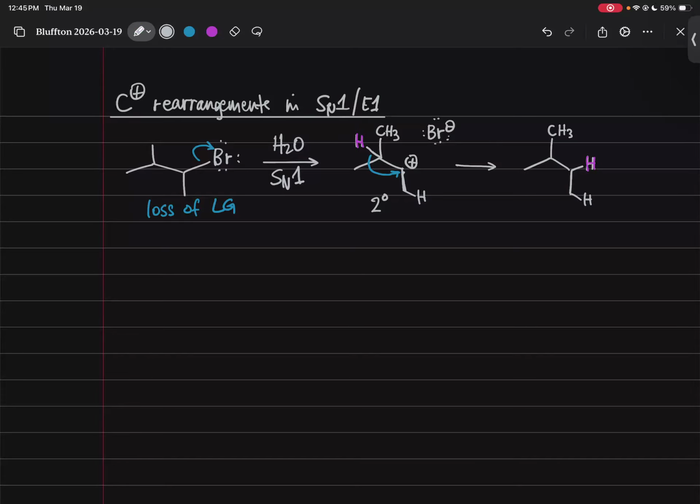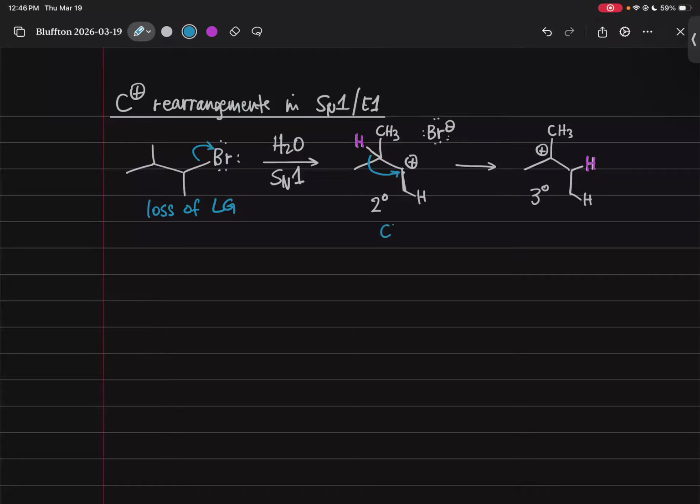And now our positive charge is on the carbon that the pink hydrogen used to be attached to. There's our positive charge, and it's got three groups on it, so that is a tertiary carbocation.